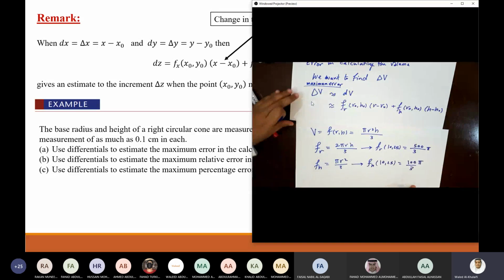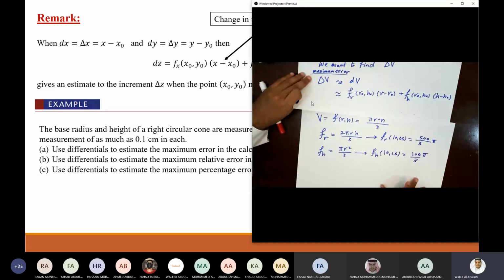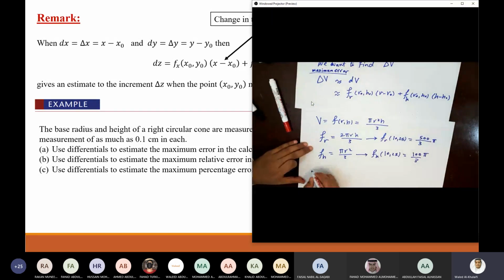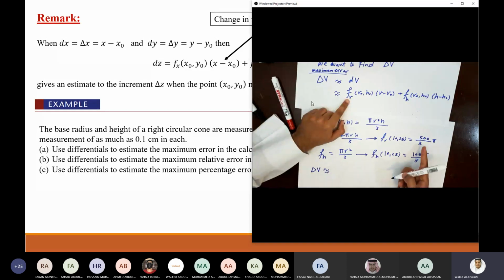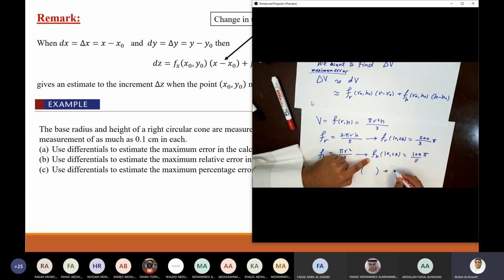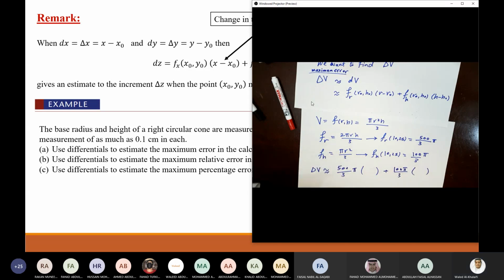Now let's go back to this equation here. Delta V is approximated by this guy, which is 500 over 3 pi times, and here we're going to talk about it, plus f_h, which is 100 pi over 3 times.